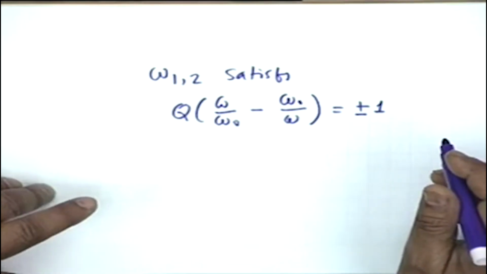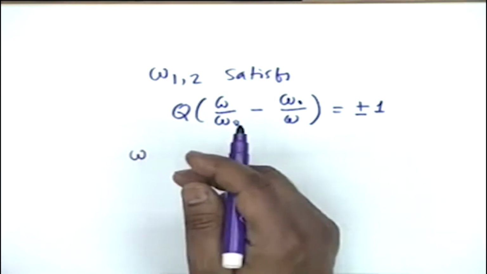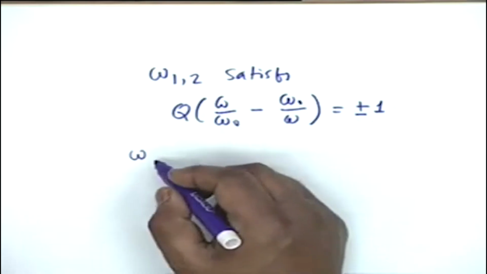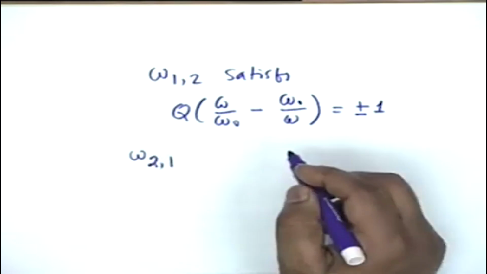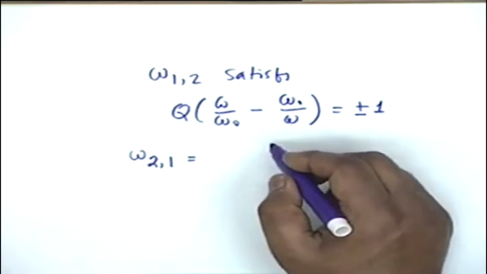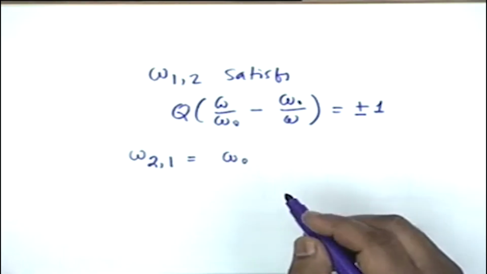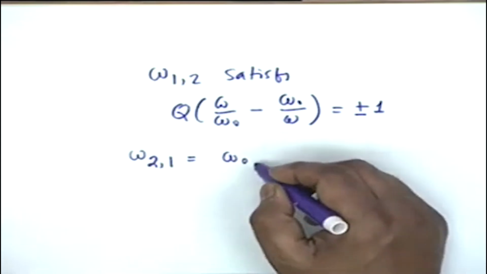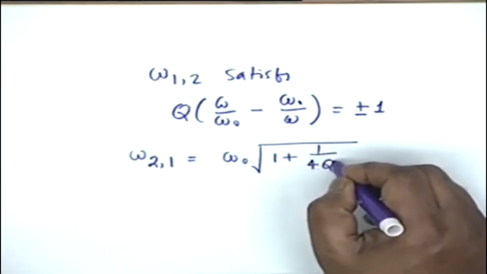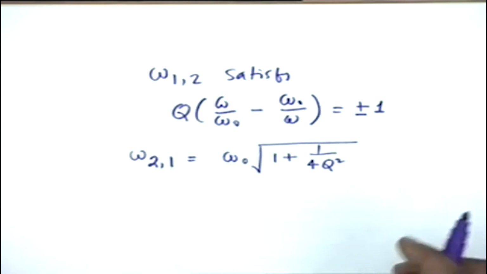We accept only the positive solutions, and you can show by actual calculation, I skipped the algebra, that omega 2, that is first we take omega 2 the higher frequency, is equal to omega naught, which we have already defined as the resonance frequency 1 by square root LC, times square root of 1 plus 1 by 4Q squared. Q is omega naught L by R, or 1 by omega naught CR.